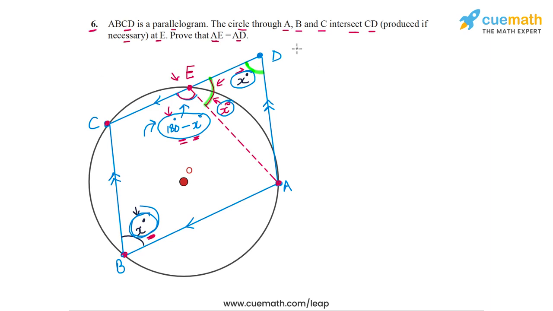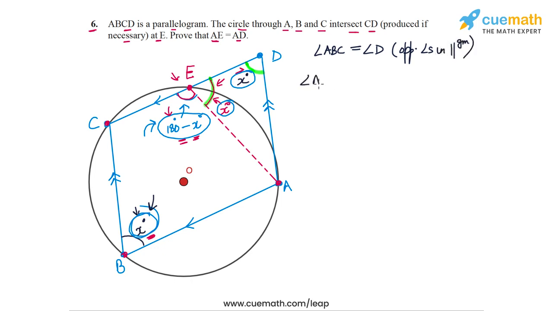So let's write out the steps of this reasoning. Let's first write the fact that the angle at B is equal to the angle at D. So we have angle ABC is equal to angle D, because these two angles are opposite angles in a parallelogram.